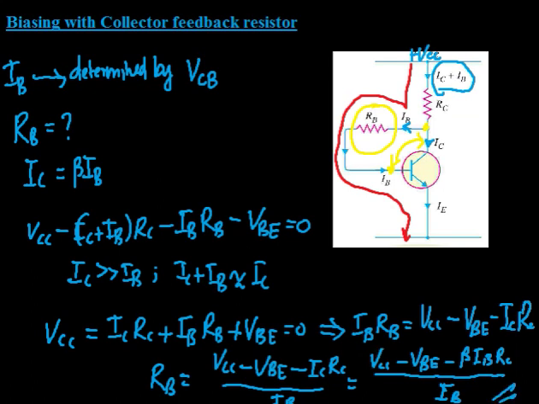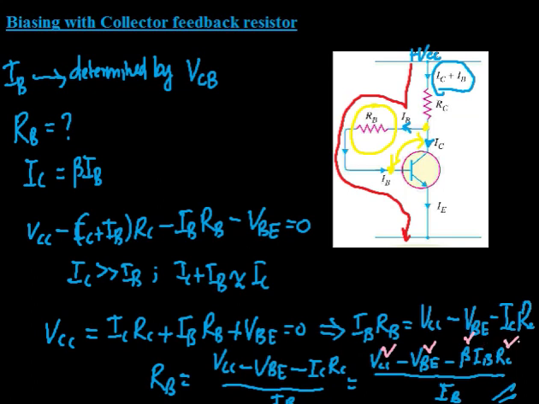Here VCC is fixed, which is the voltage source we connect in the circuit, and VBE is the base emitter voltage, which the manufacturers also provide. For silicon it is 0.7 and for germanium it is 0.3. Beta we can get using a multimeter, or the transistor manufacturers will mention the beta value.